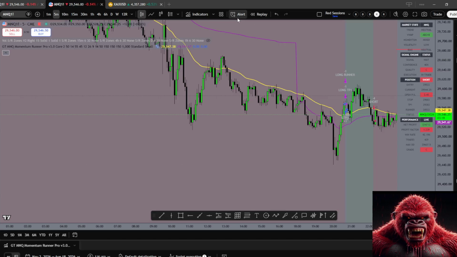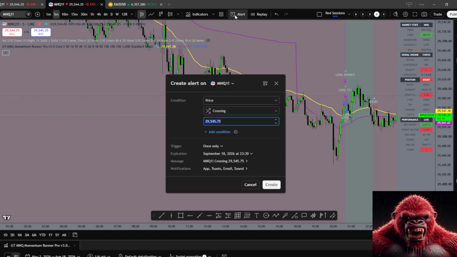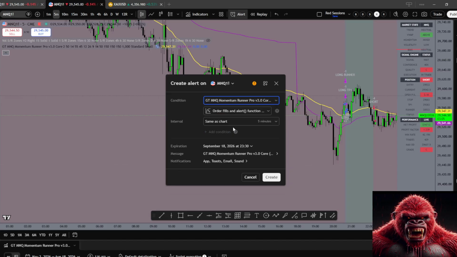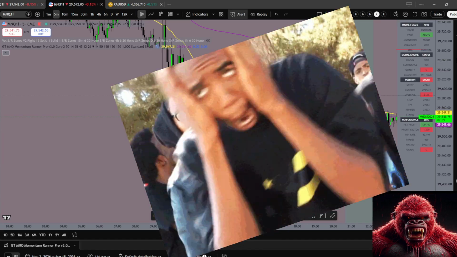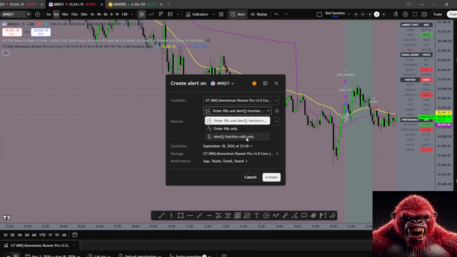So what you want to do is go up here to your alerts, the little clock, and switch price to what you want it to recognize. We're going to use the indicator, and then you want to go to your second section here and use the third one, function alert. You can leave this one, I believe, as same as chart. That's just your time frame.